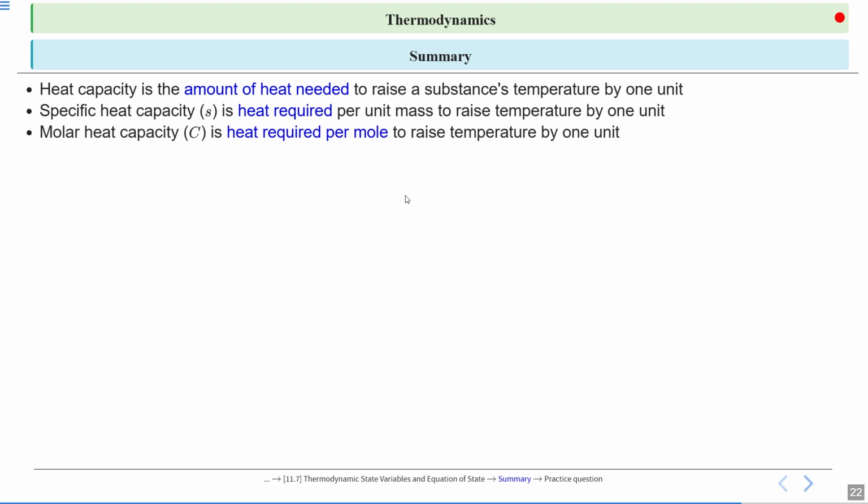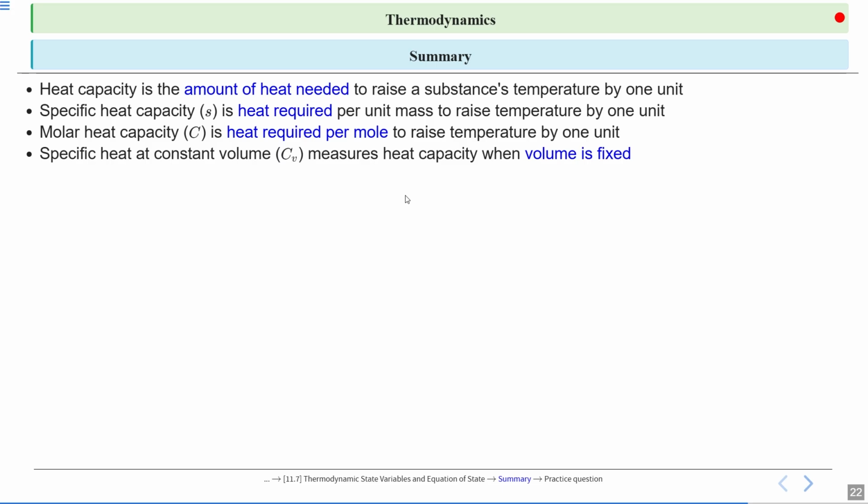Molar heat capacity is the heat required per mole to raise temperature by 1 unit. From these lines, we can say heat capacity is mainly of two types: first, specific heat capacity; second, molar heat capacity.